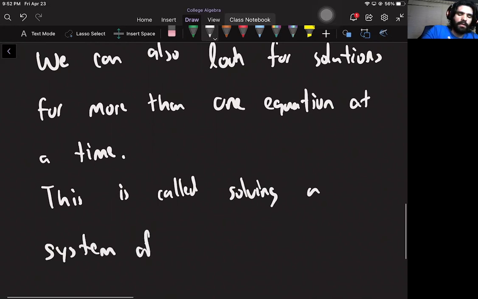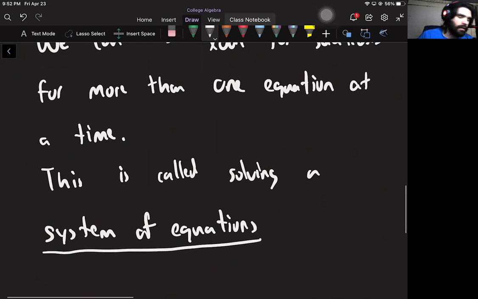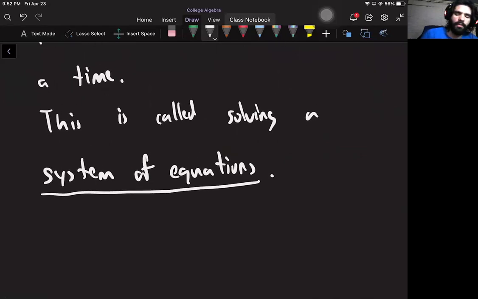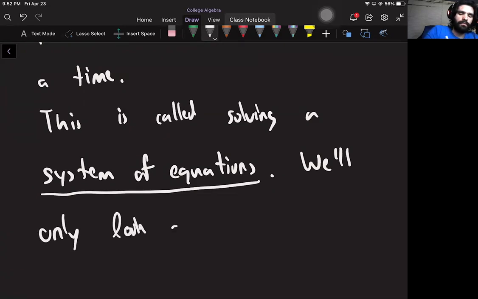And we're going to simplify our lives a little bit by only looking at linear equations, not any old equations in the world. So that's why we call them systems of linear equations.